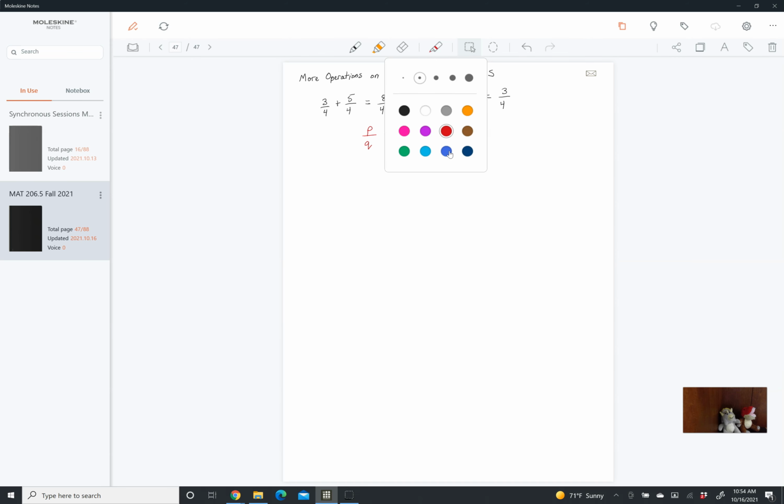This is a part where Q is the size of the piece. Imagine cutting a pizza pie. So the Q would represent the size of the slices, and the P would represent the number of slices.